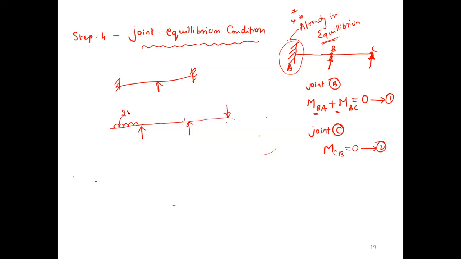Okay, 2 kilonewton per meter, 2 meter, 2 kilonewton, 1 meter. So this is not required. A, B, C, D. What is the joint equilibrium condition? I will give 4 options, you must tell which is correct. Okay, what is the joint equilibrium condition? Condition at B and C, both. I will give 4 options.